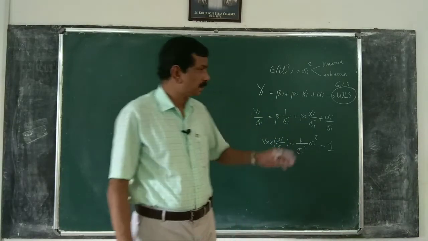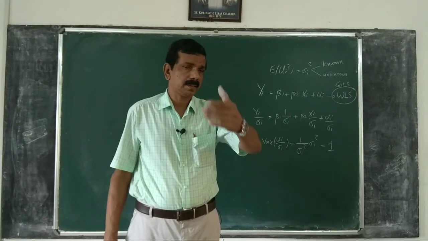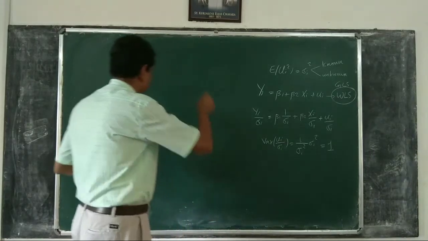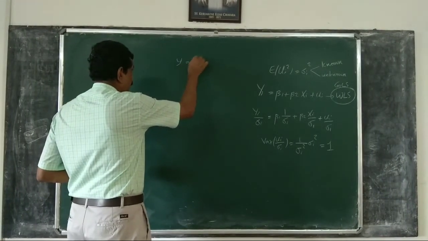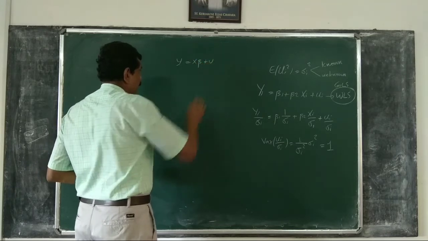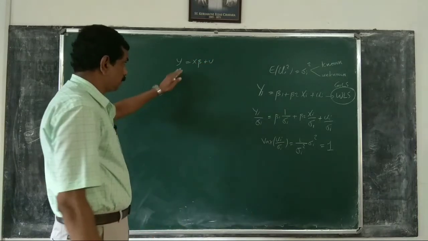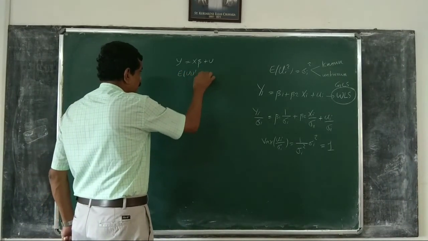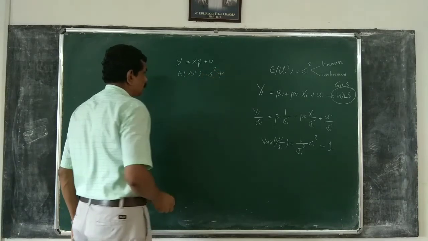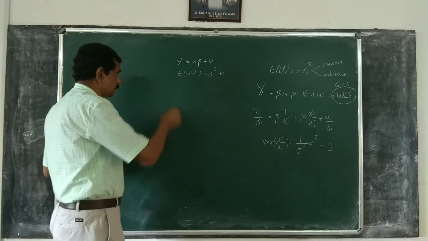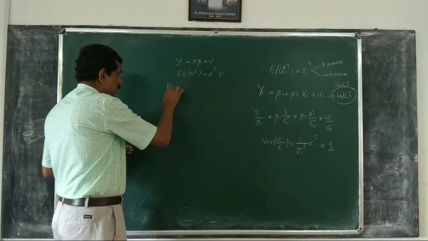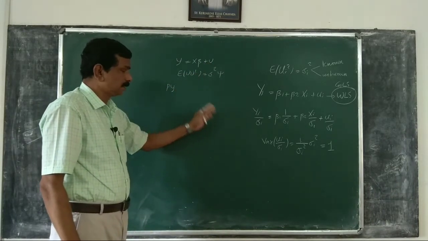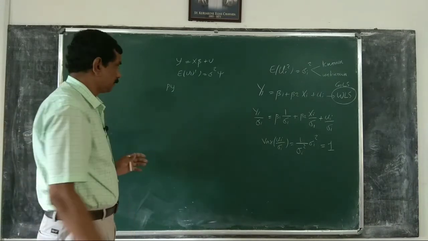Now, while discussing autocorrelation and heteroskedasticity together as non-spherical disturbances, we stated that in the model y is equal to x beta plus u, and if expected uu transpose is equal to sigma square psi, the method of correcting is to transform the model in such a way that in the transformed model, the error term satisfies all the classical assumptions.